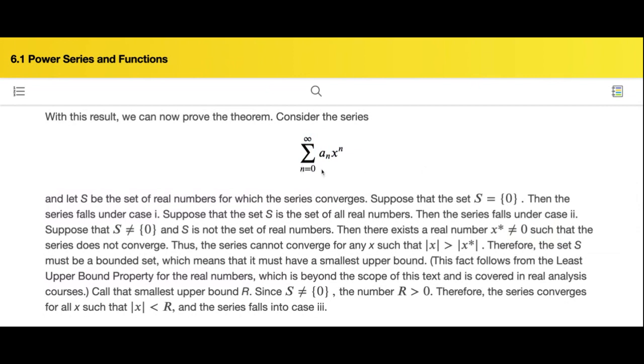So n is the index, and then the variable is x raised to n. So a subscript n represents some real number. If n is 0, we have a constant term. If n is 1, we have x to the first power, so we have linear. N equals 2, we have quadratic, and so on.